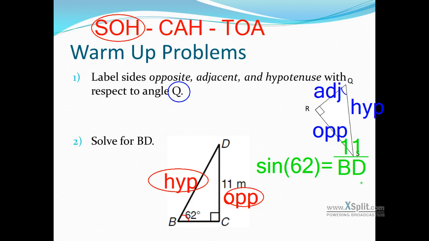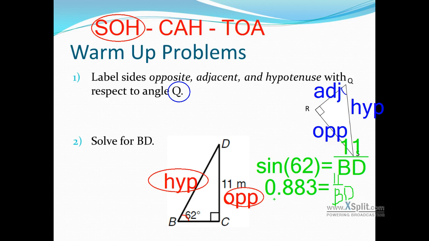On our calculators, if you type in sine of 62 degrees, that is going to give us approximately 0.883. We could say 0.883 is equal to 11 over BD.